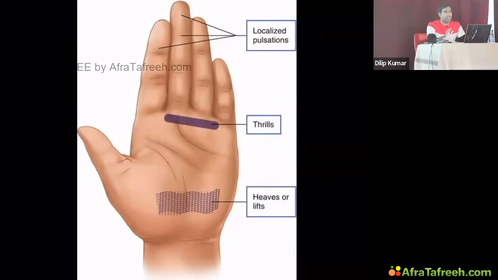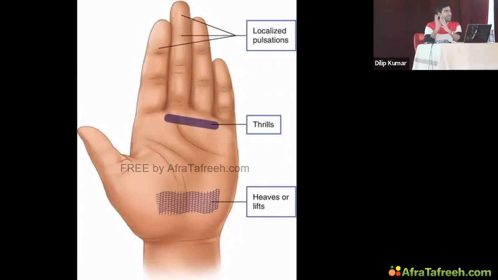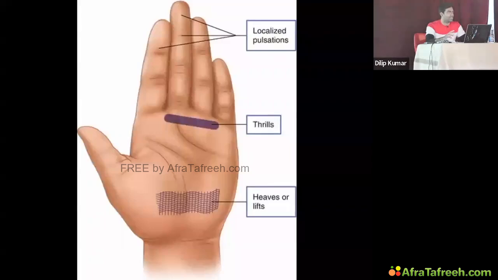Alternatively, some books will suggest you use the ulnar border of the palm. Even this area you can use, but technically speaking, most of the historical textbooks mention for lifts and heaves, you need to use the palm area that is very close to the wrist. So that's the area that should be recommended. Clear or not?